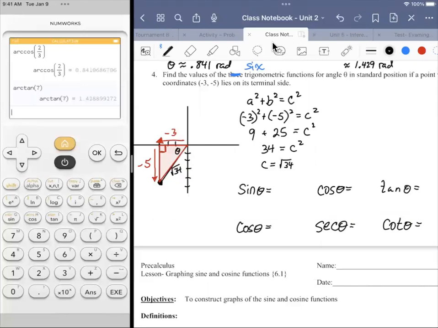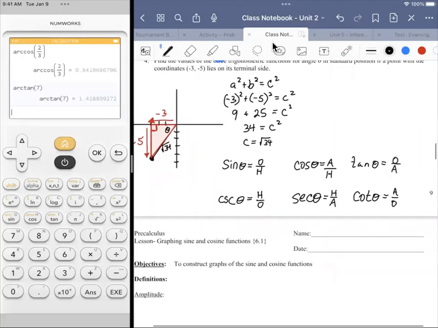I'm just identifying the ratio. So opposite over hypotenuse, adjacent over hypotenuse, opposite over adjacent. I realized something. I wrote cosine again. I have no idea why. That should have been cosecant, CSC. That's H over O. Secant is H over A, and cotangent is A over O.